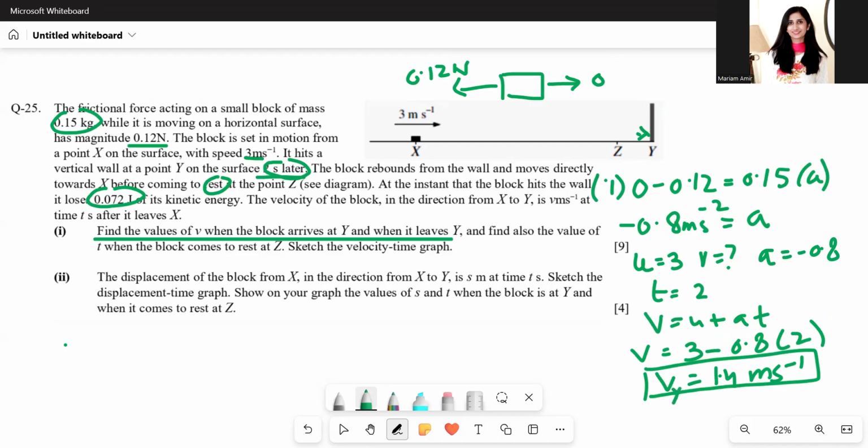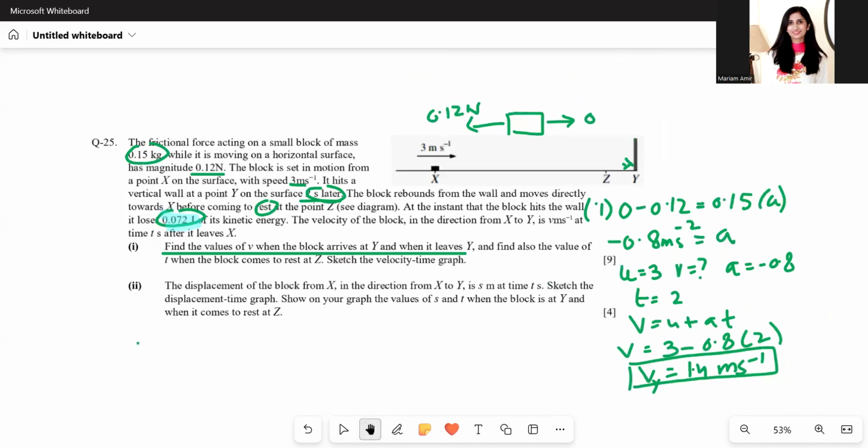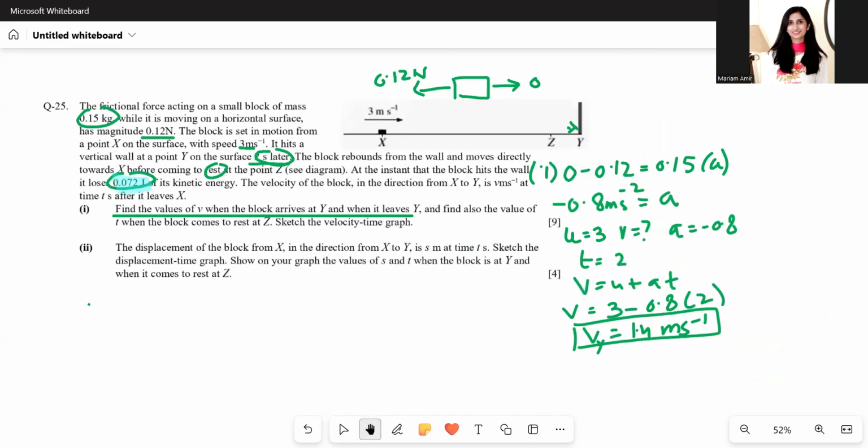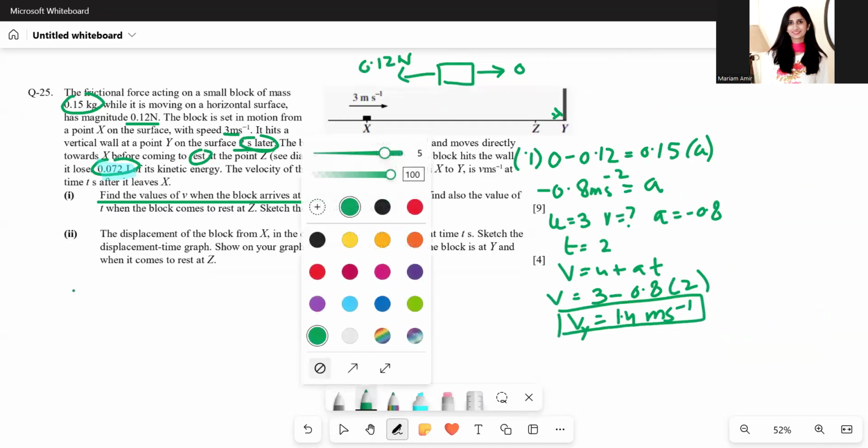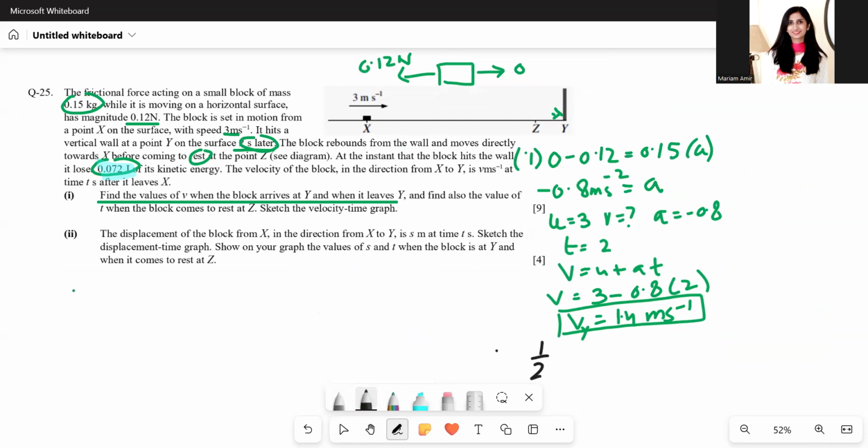Now we need to find the speed after the particle hits Y and starts to move back. For that, we have to use this loss in kinetic energy. We're told that as the particle hits Y, it loses this much kinetic energy. The loss of kinetic energy formula is half m, which is common, times the difference of the speeds squared.